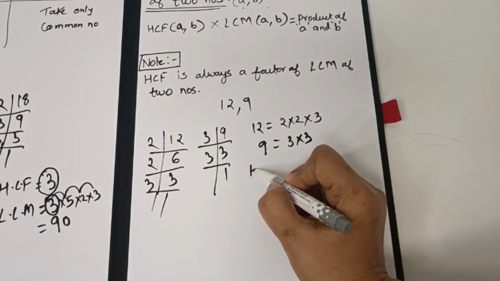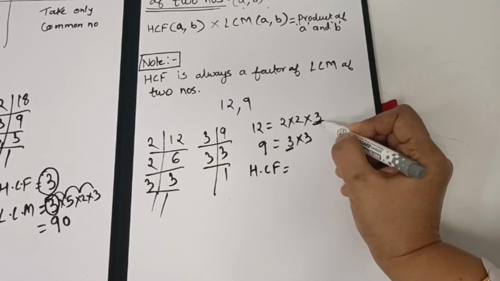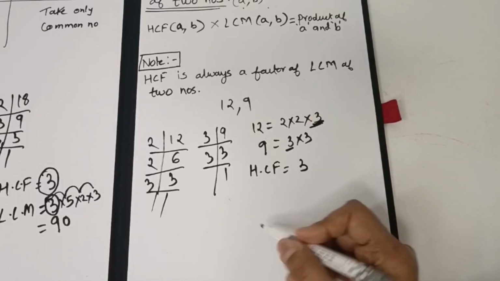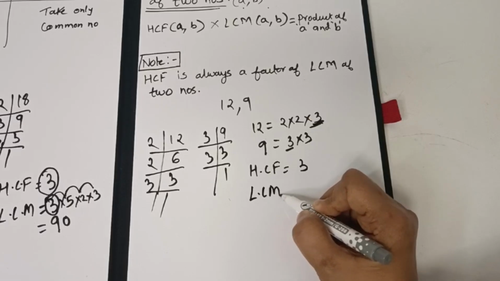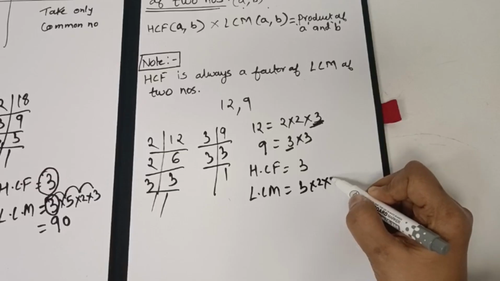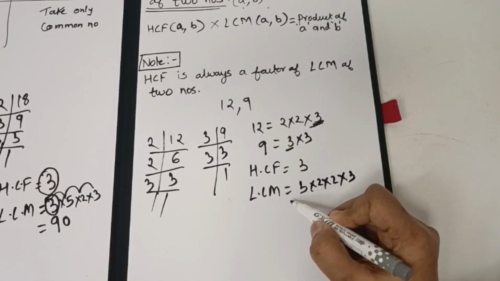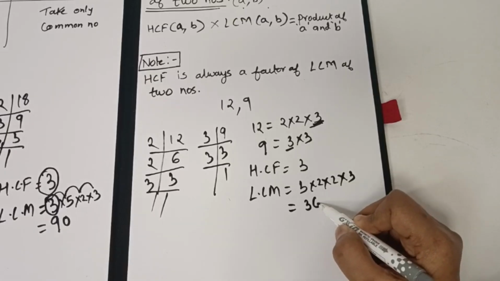Tell me what is the HCF of this? HCF will be only one number because there is one common number, that is 3. And if I have to take LCM, it will be 3 which is common, and left out 2 into 2 and 3. So if I multiply this, I'll get 6, 6 6s are 36.